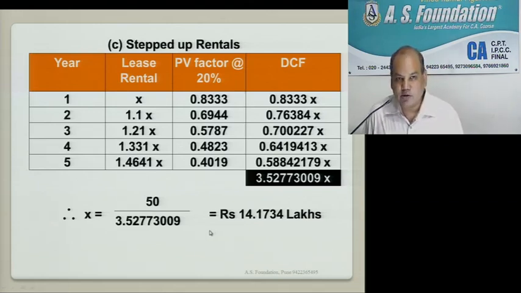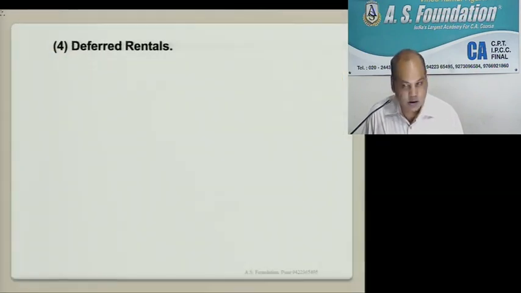Then point number D is deferred rental. Deferred rental means in this problem rent will not be paid in the first and second year, but the third, fourth and fifth year rent will be paid. So how will you get the answer? You will divide by the annuity factor of the third, fourth and fifth year.